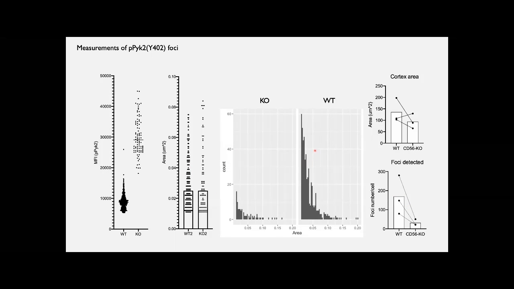So first of all, of course, in the wild type cells, we detect a higher number of the phospho-PIK2 foci when compared to the knockout cells. And in the knockout cells, these are more skewed towards the larger distribution. And then we find a significantly higher intensity of phospho-PIK2 staining itself within the CD56 knockout condition.